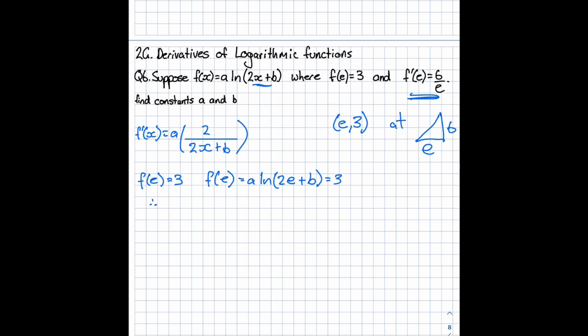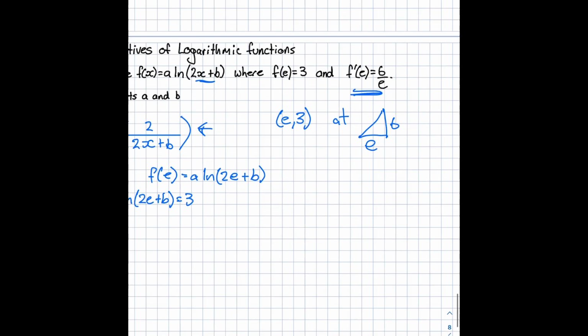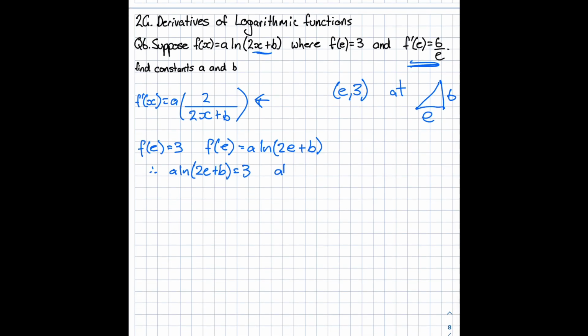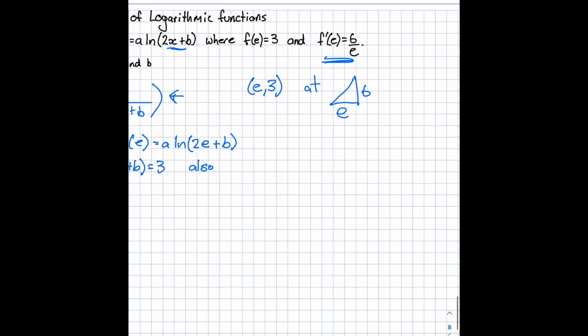So therefore, I'll do it as separate because we've got them as separate, a ln 2e plus b equals 3. And then if I use my other equation, I've also got f dash of e equals 6 over e.